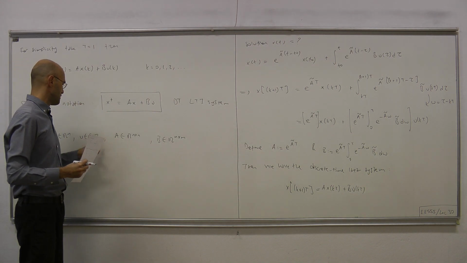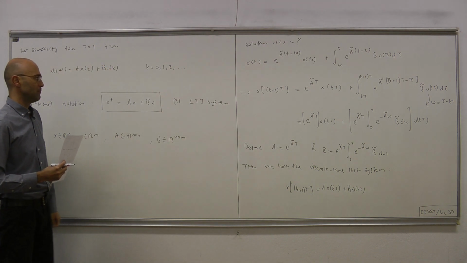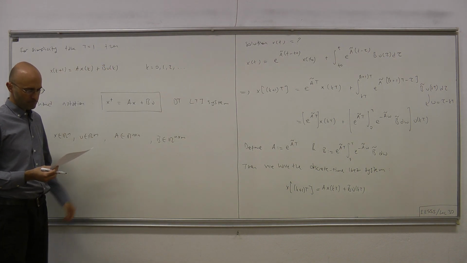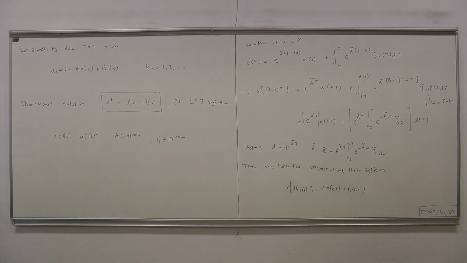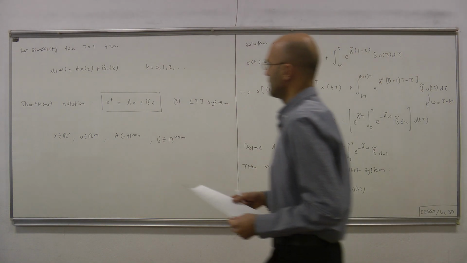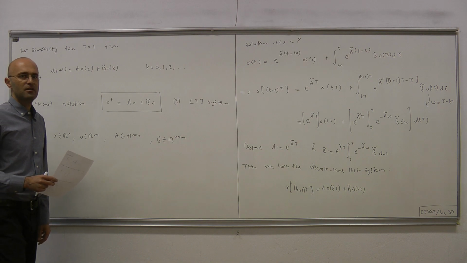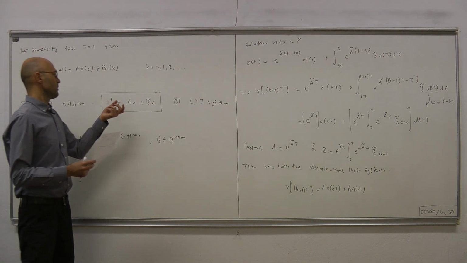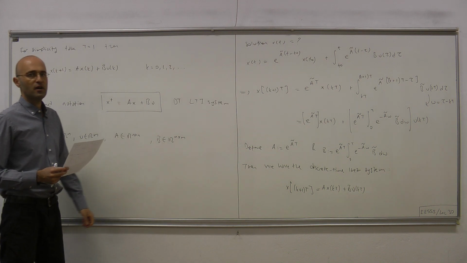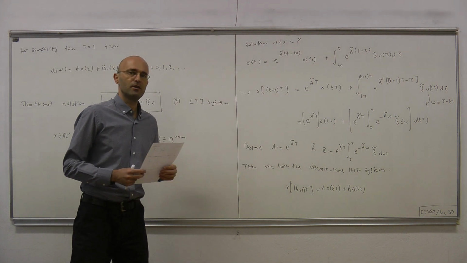If we have just a scalar input, in that case, B becomes just a column vector. Now let's emphasize some basic differences, peculiarities between the continuous time system and a discrete time system, and then we're going to move on to the stability definitions.